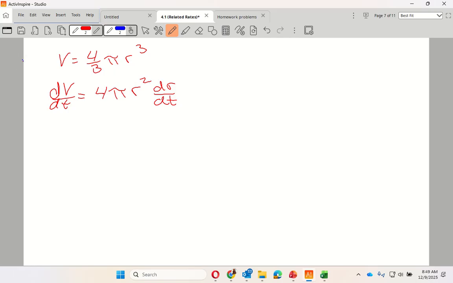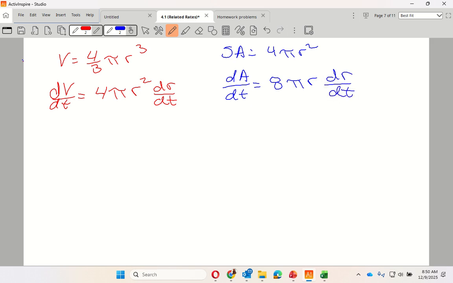All right, so my surface area is going to be dA/dt is going to be 8 pi r dr/dt.